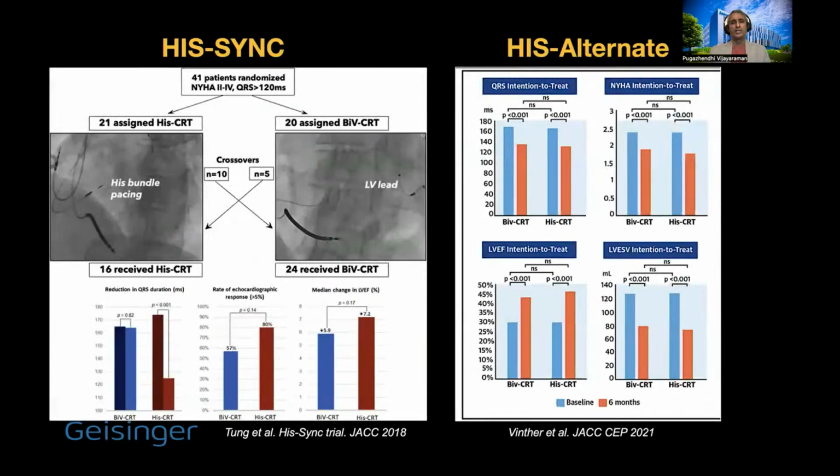And this explosion of studies has led to initial clinical trials. The His-SYNC and His-ALTERNATE studies were performed using His bundle pacing versus bi-V pacing and showed equivalent benefits of His bundle pacing compared to biventricular pacing. This was somewhat plagued by a higher threshold to correct left bundle branch block, as well as a higher crossover rate due to lower success rate, varying from 50% to 76%.